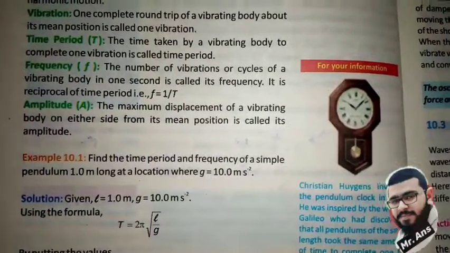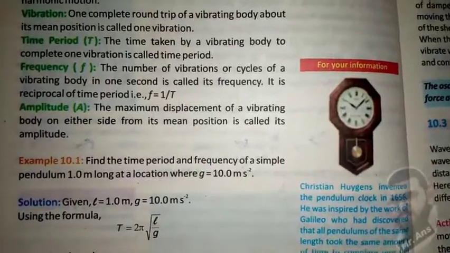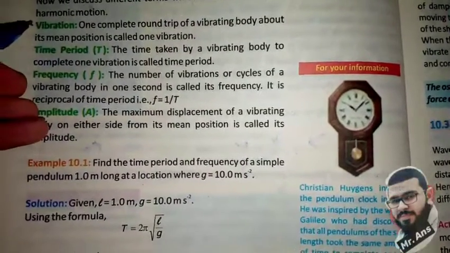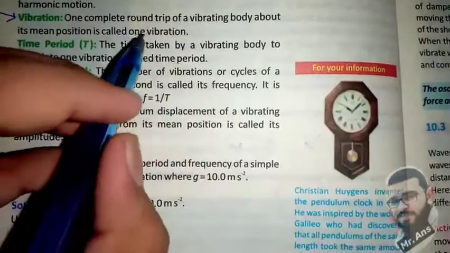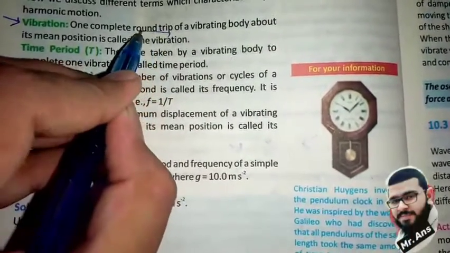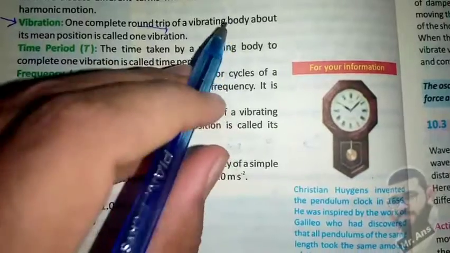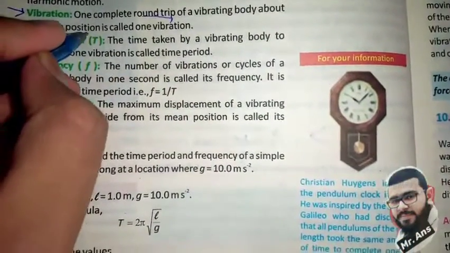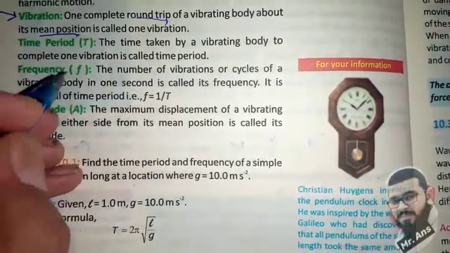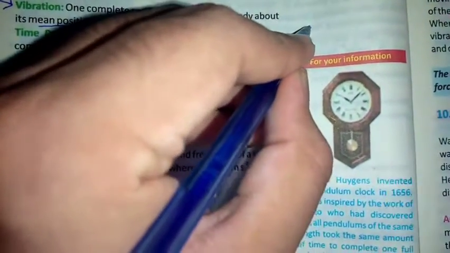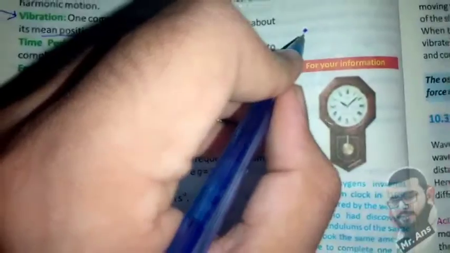In this video, we have some definitions like vibration. What is vibration? One complete round trip of a vibrating body about its mean position is called one vibration. For example, this is our body. This is its mean position.